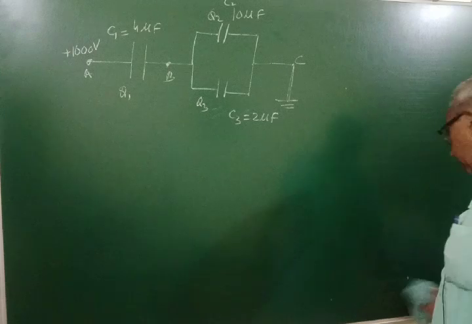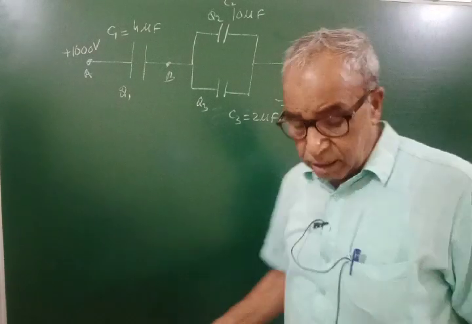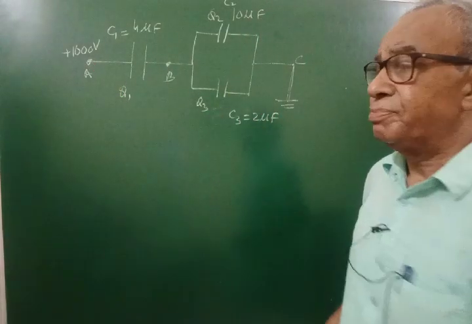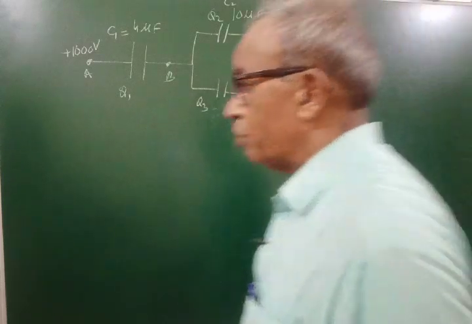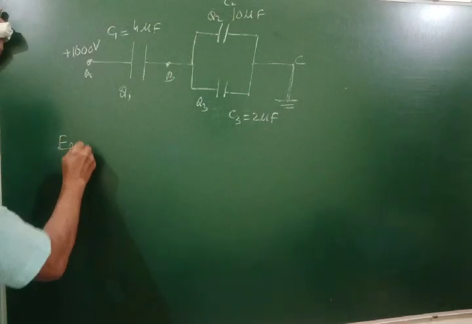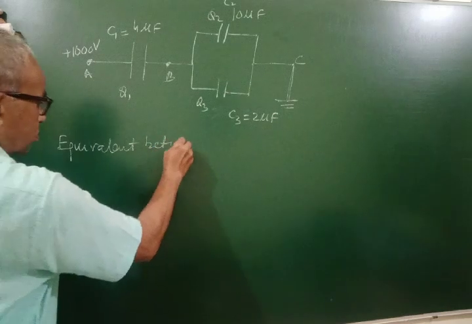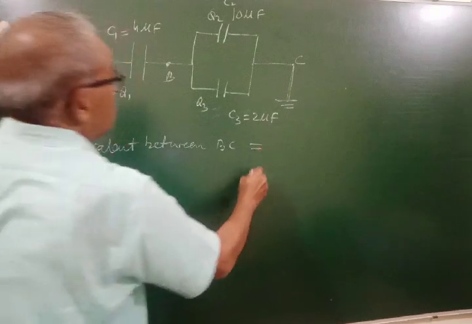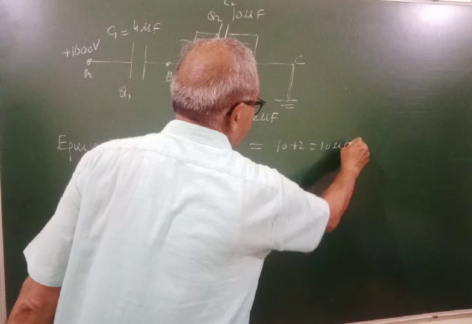First of all, try to find the equivalent capacitance between points A and C. See here, these two are in parallel. So equivalent between B and C is 10 plus 2, 12 microfarad, because they are in parallel.